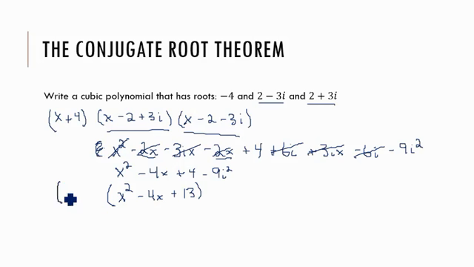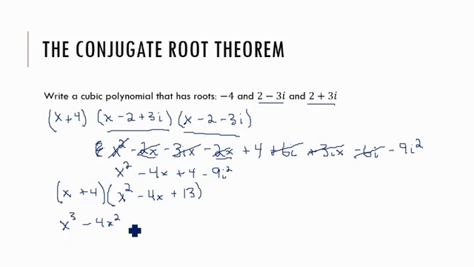I can take my other factor and multiply that in there now. X times x squared is x cubed. X times negative 4x is negative 4x squared.